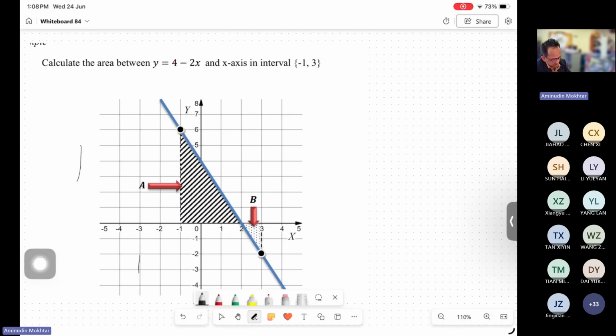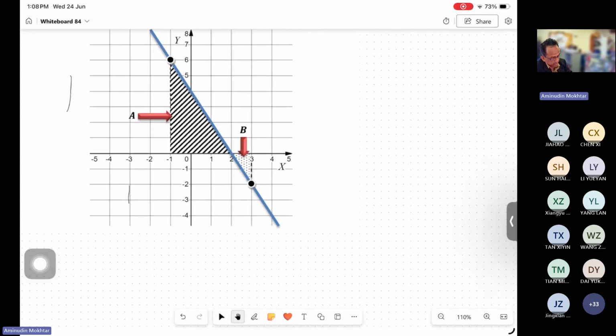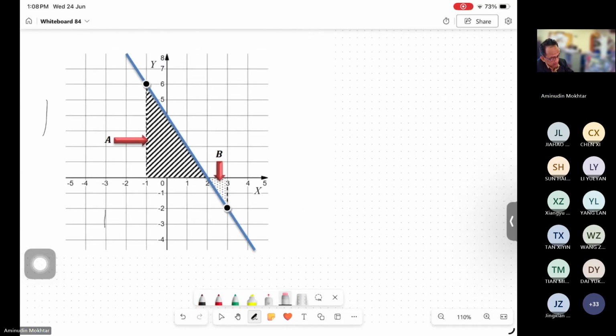As you can see in this graph, we have this area. The function is y equal to 4 minus 2x. We know this is a 4. This is a linear function, and this also is the 2 when x equal 2.